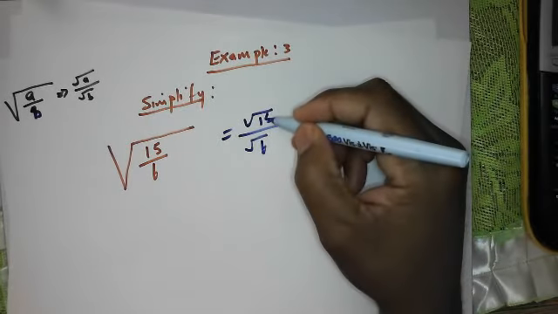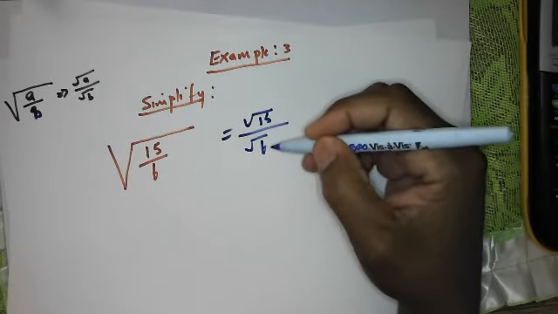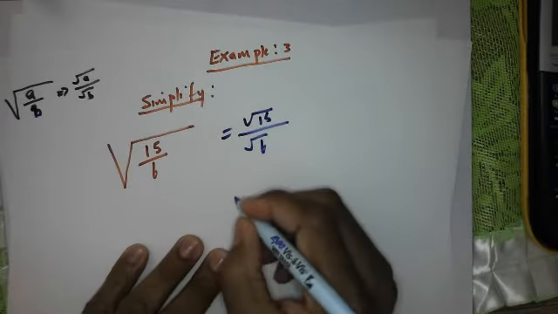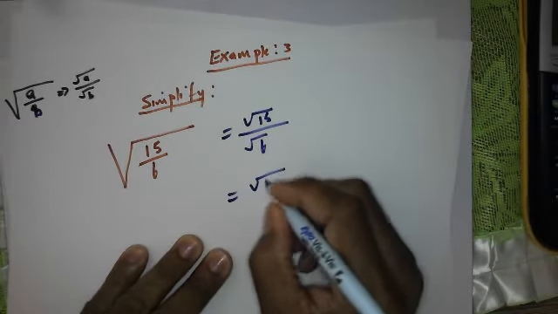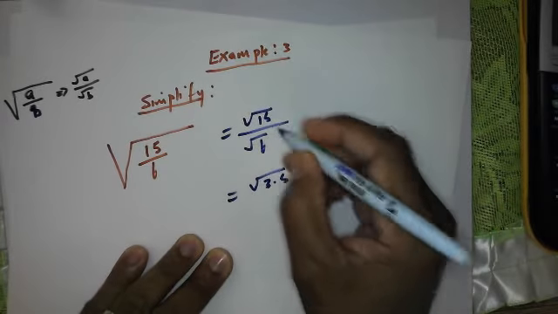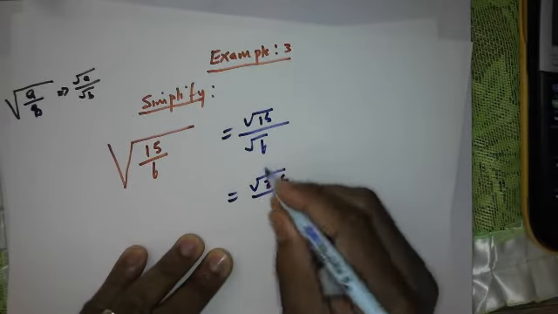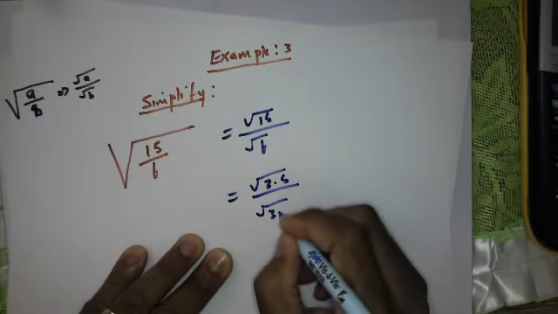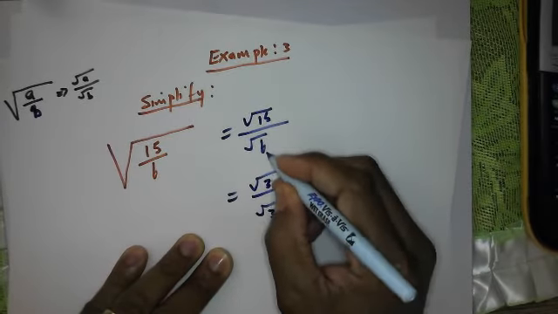Again, I can break these numbers under the radical in terms of factors. So this I can write as 3 times 5, because 3 times 5 is 15, over, I can write this part here as 3 times 2, 3 times 2 is 6.